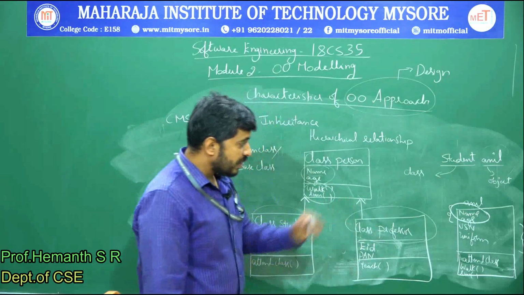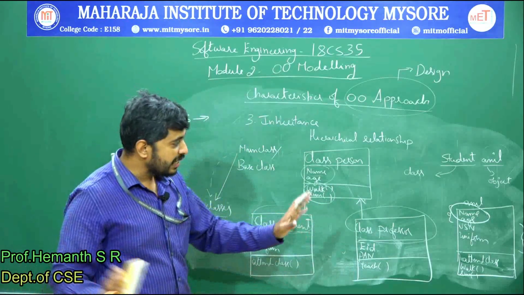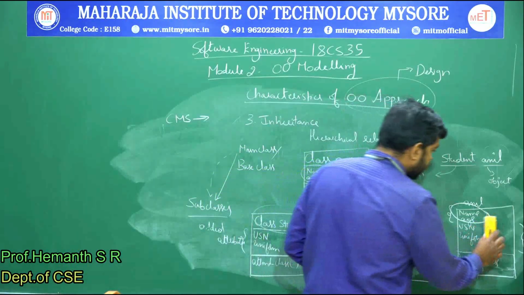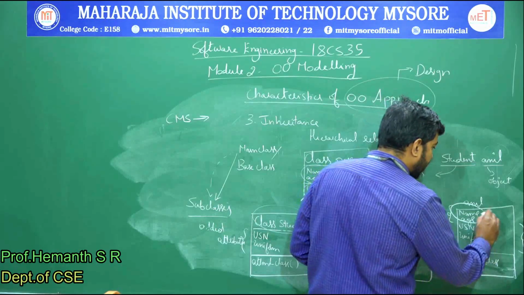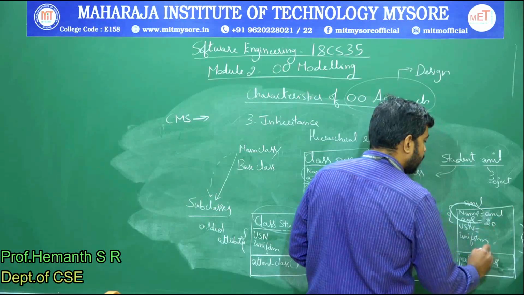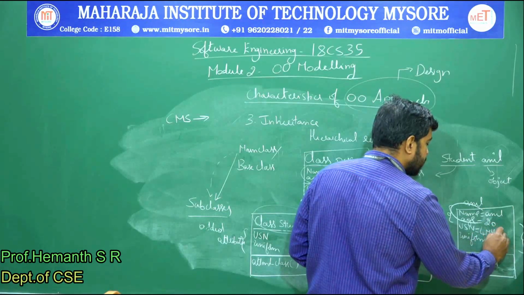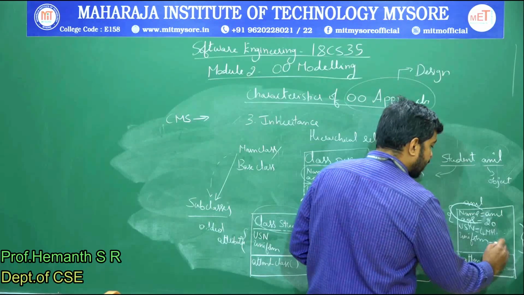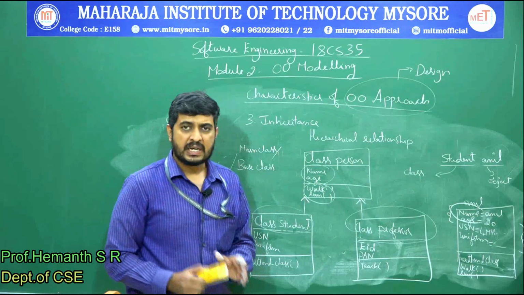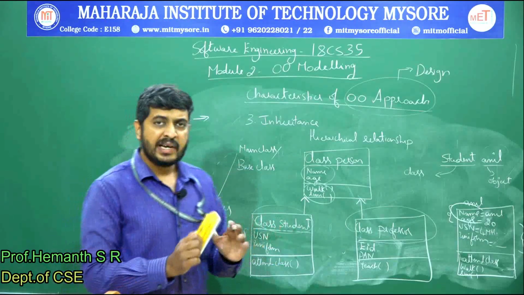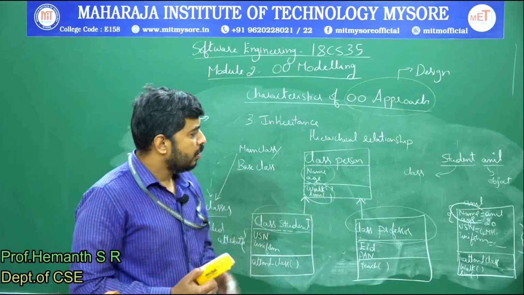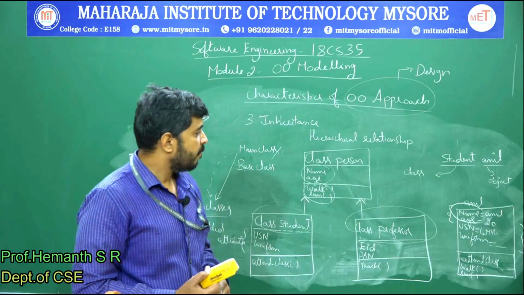These attributes can have values, as already mentioned. For example, name equal to Anil, age equal to maybe 20, USN equal to some 4MH stuff, and uniform color something. So we are ready with the Anil object.